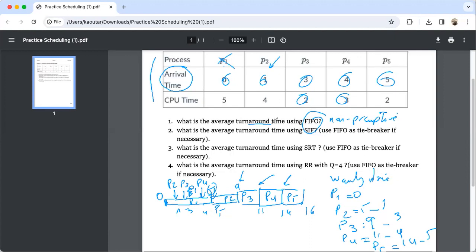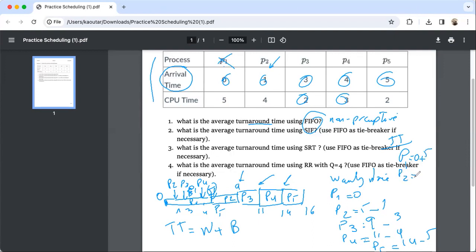And so for the turnaround time, it's equal to the waiting time plus burst time. So for instance, P1's waiting time is 0. So P1's turnaround time will be 0 plus the burst time, which is 5, right?